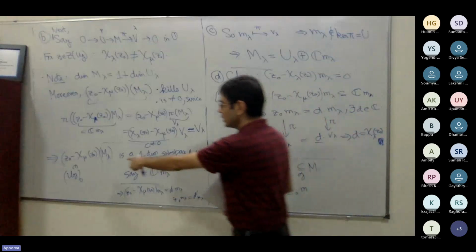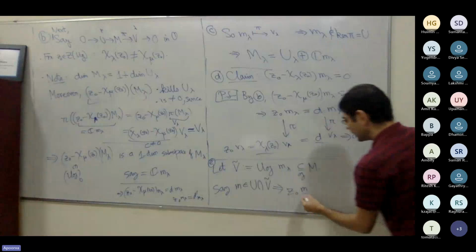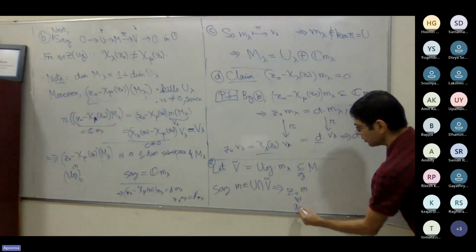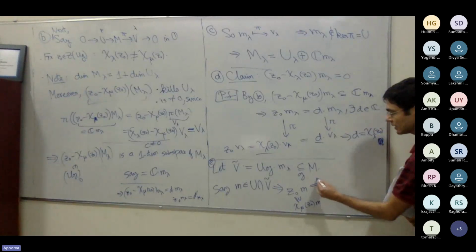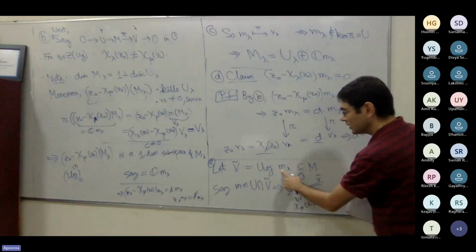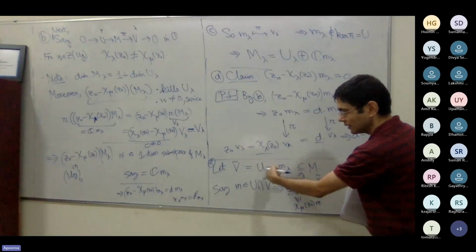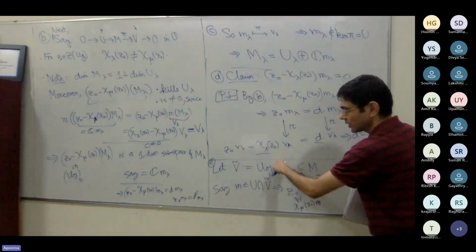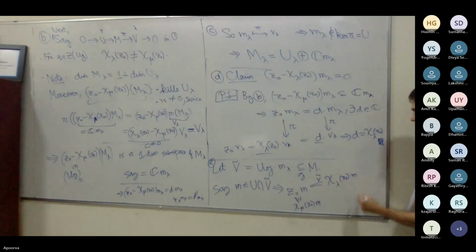Because M lies in U, U is killed by Z naught minus chi mu of Z. That means that from U you get chi mu of Z naught times M. On the other hand, because M lies in V tilde, and V tilde is generated by a chi lambda eigenvector, and because multiplying by the center commutes with anything from UG, this will give you chi lambda of Z naught times M. But because these two scalars are distinct, the fact that they are equal means that M has to be zero.